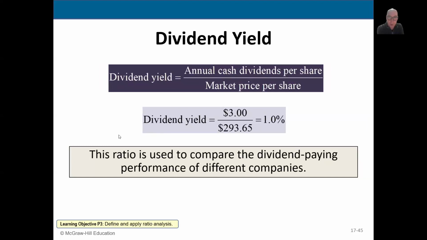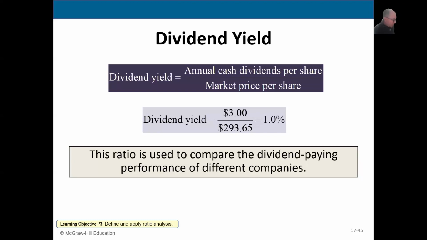And of course, the last one is called dividend yield. Dividend yield tells us about the company's ability to pay a dividend to its stockholders. We take annual cash dividends per share divided by the market price per share.